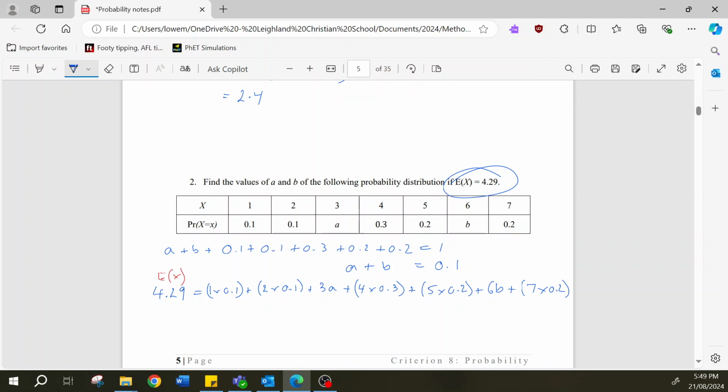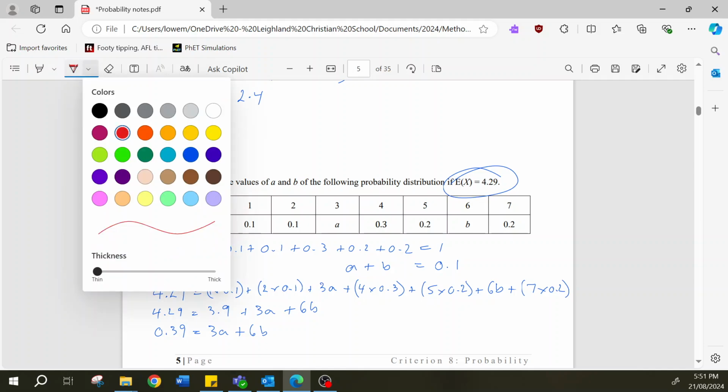So work out all of that. We've got 4.29 equals 3.9 plus 3A plus 6B. Subtract that from that, and we'll end up with 0.39 equals 3A plus 6B.